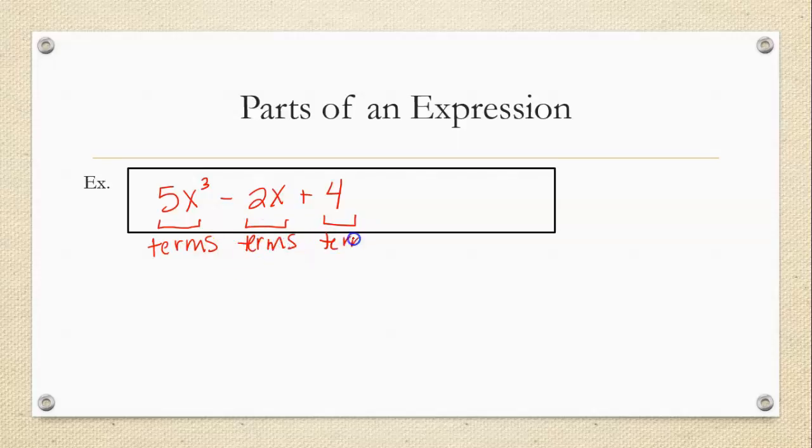Terms, terms, terms. So we have 3 terms. So this 5 itself, that's not a term. I don't want you to think we have 1, 2, 3, 4, 5 terms. No, because these are stuck together by multiplication. So a term is separated by addition and subtraction symbols.